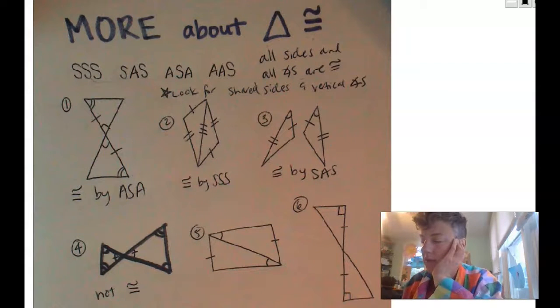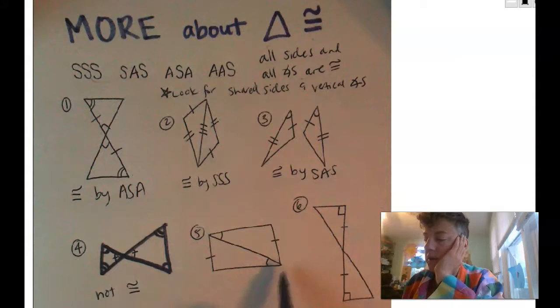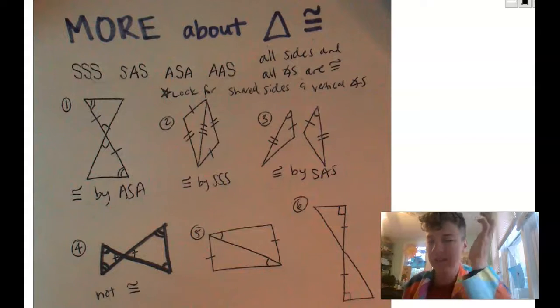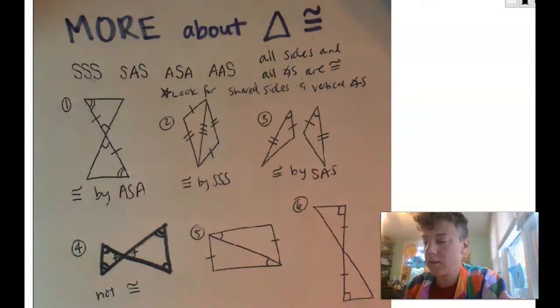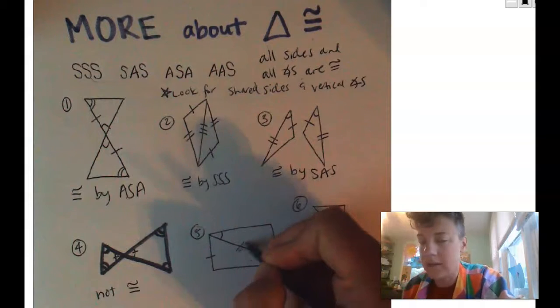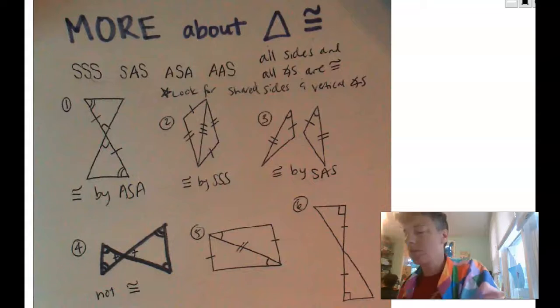All right. Let's check out number 5. We've got a pair of sides that are marked congruent. We've got a pair of angles that are marked congruent. And then they're smashed up next to each other. They're sharing this side, so this shared side must be congruent. Now that's all we can mark. So let's cover up one triangle, see what we got.